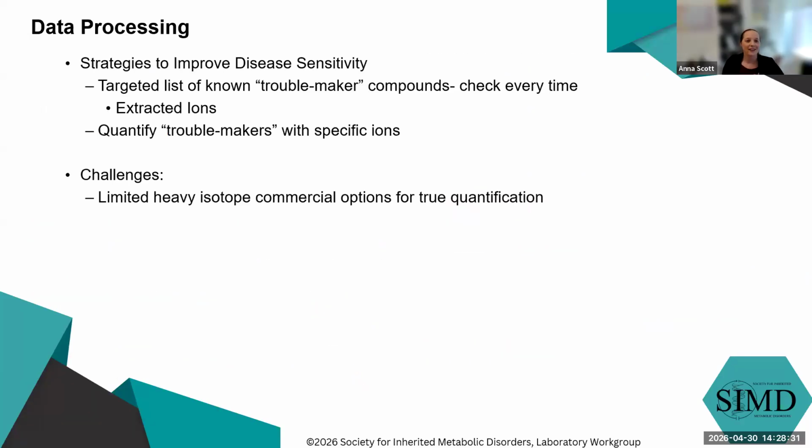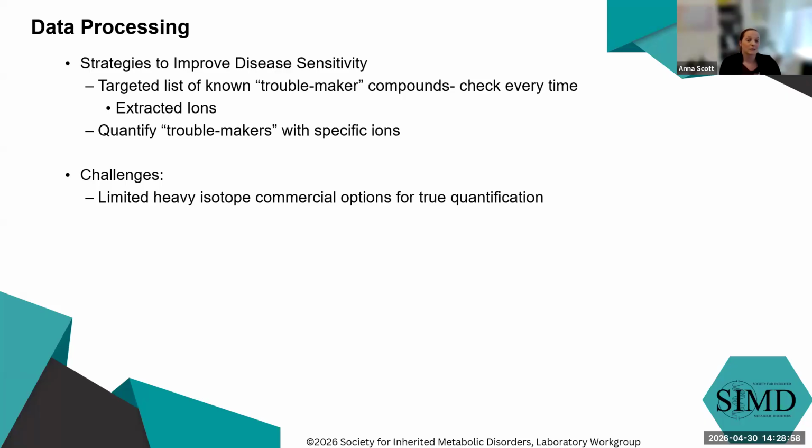I just wanted to briefly highlight here, and I'm about to transition into case examples that highlight all of this fun stuff. But the data processing side is different laboratory to laboratory. Some labs have semi-automated methods for targeting known troublemaker compounds. Sometimes they have checklists, and a person is manually checking for those troublemakers every single time.